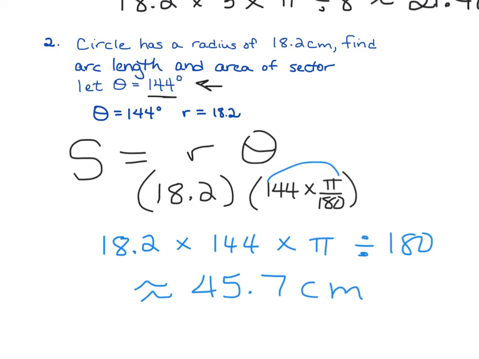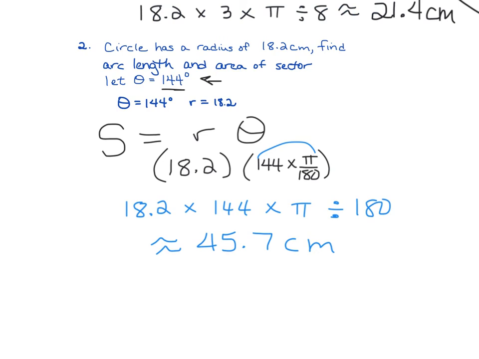We're going to use the same information and now use the other formula to find the area of the sector. That formula is area is equal to 1/2 radius squared times theta.